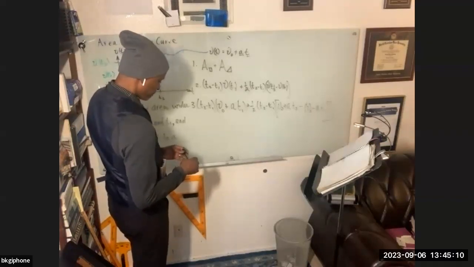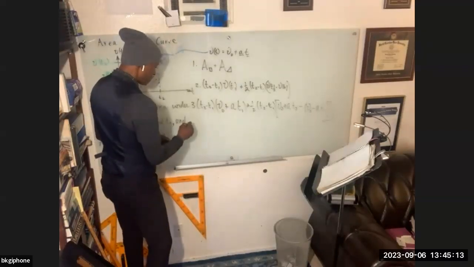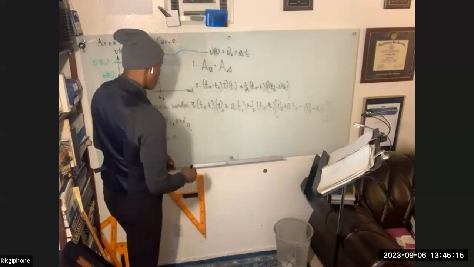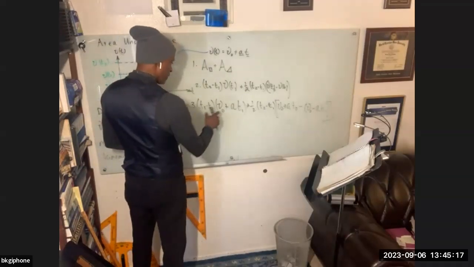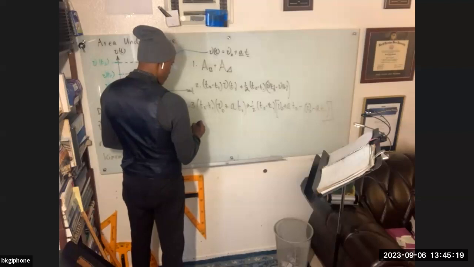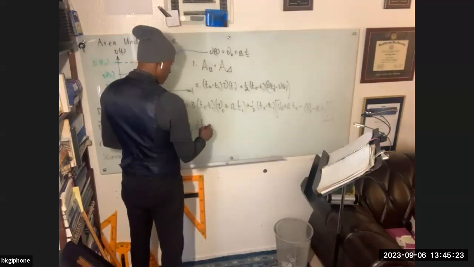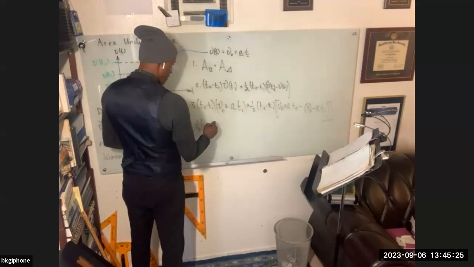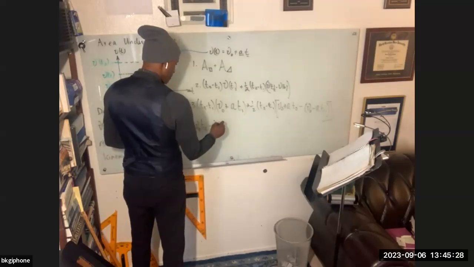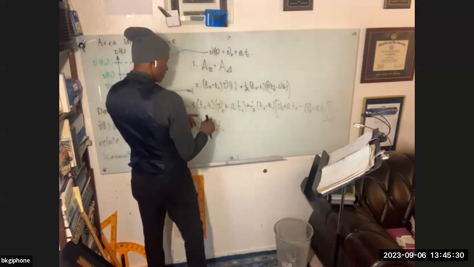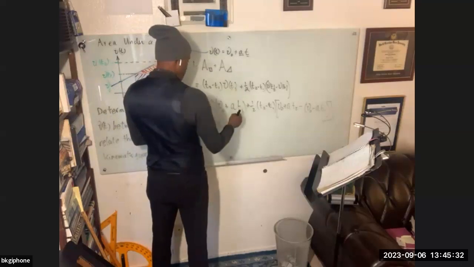So we're going to have, well, we get 4 terms out of this. We get v naught t2 and minus v naught t1, and then 2 terms here.